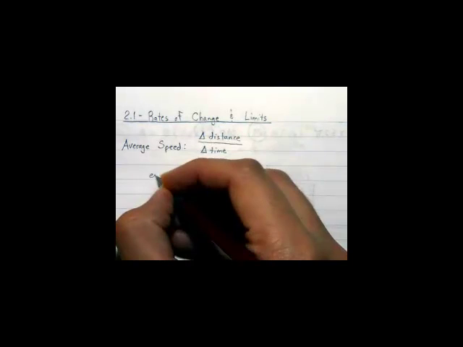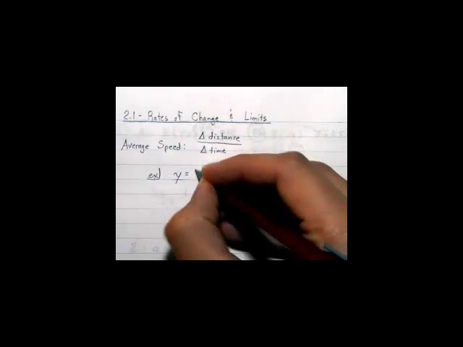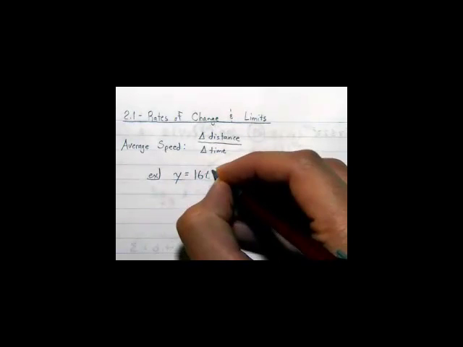Okay, so let's say that I've got an equation for my distance that is 16t squared. Okay, so when objects are in free fall, this equation might look familiar, but when objects are in free fall, they tend to follow this kind of an equation, 16t squared.